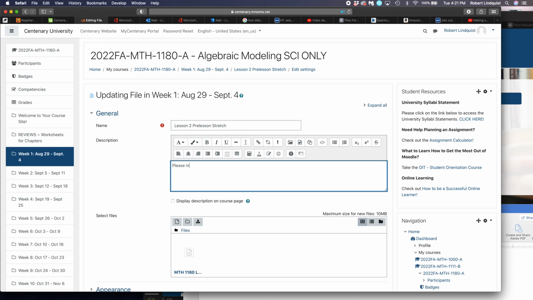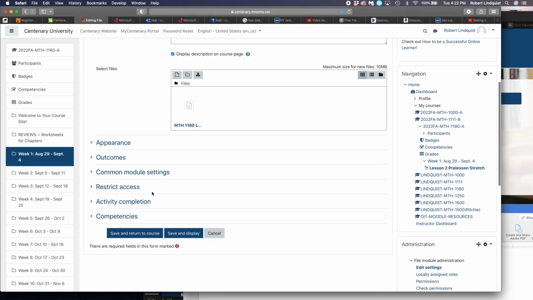Please include X equals 10, Y equals -4, and Z equals 2. Okay.